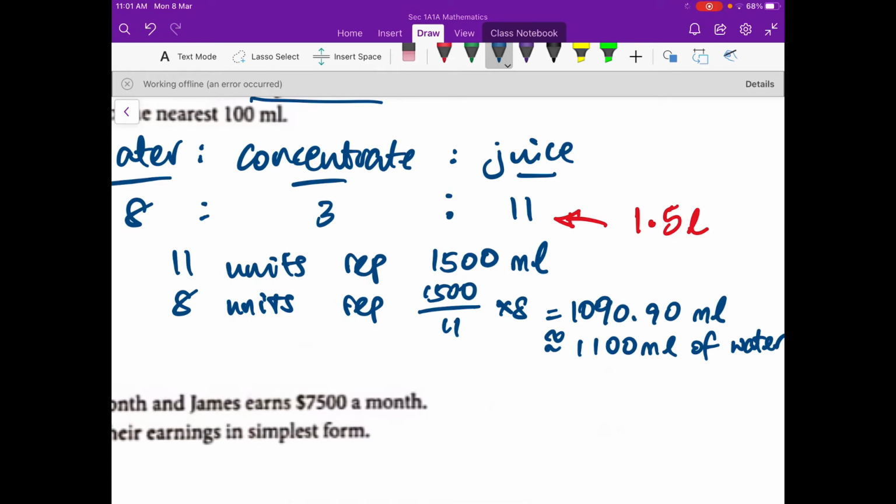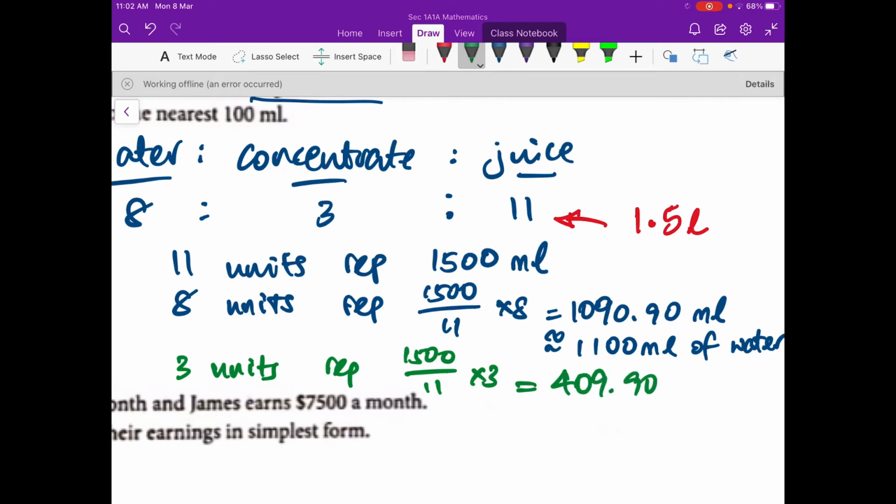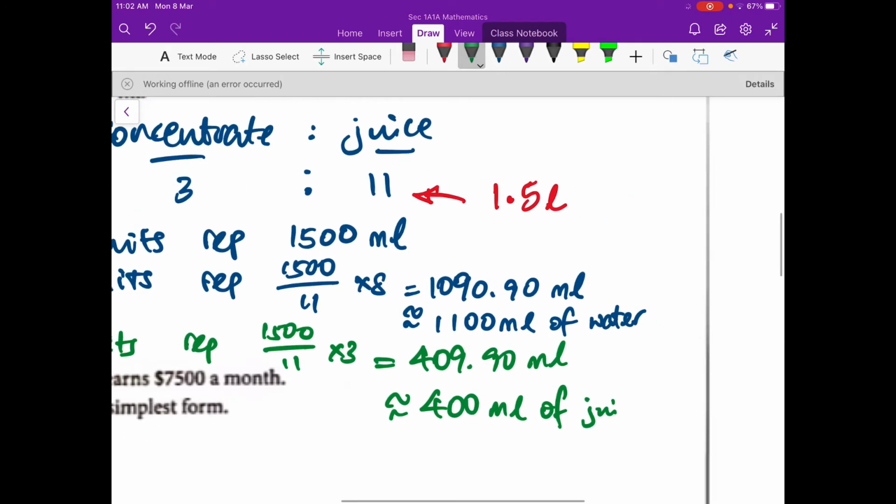But I want to show you using 3 units. 3 units will now represent 1500 over 11 times 3. And what will the calculator give me? 409.90 ml. So this rounded off to become 400 ml of concentrate.